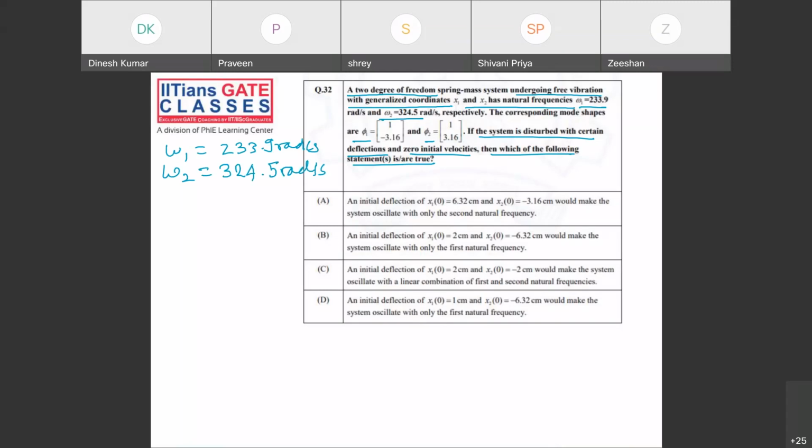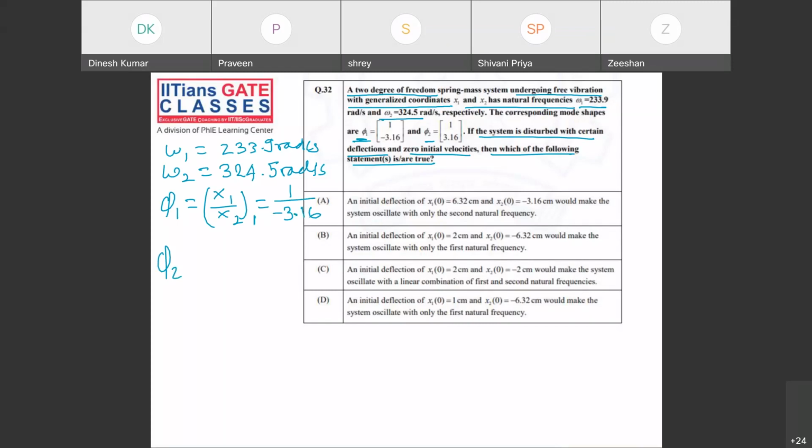Now what is important to me? The first mode shape phi 1. I can write it as x1 by x2, corresponding to the first natural frequency. So it is 1 upon minus 3.16. What is phi 2?